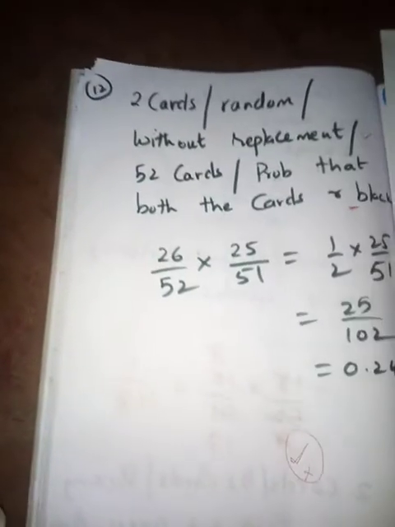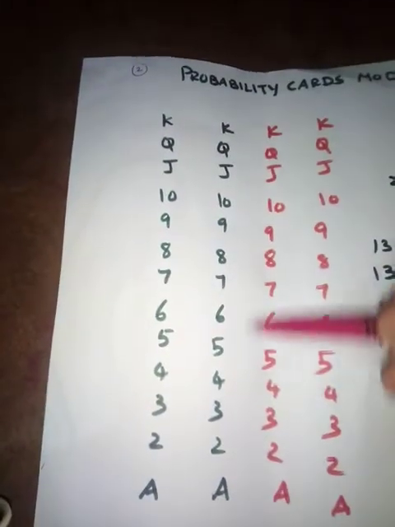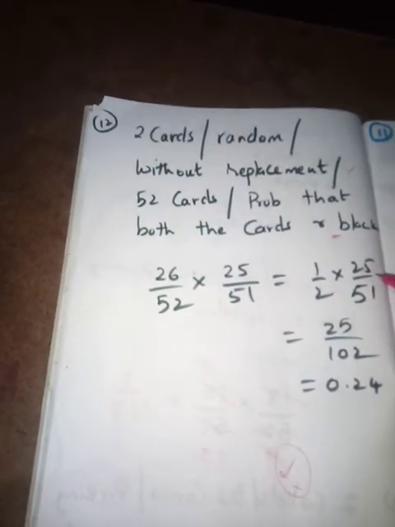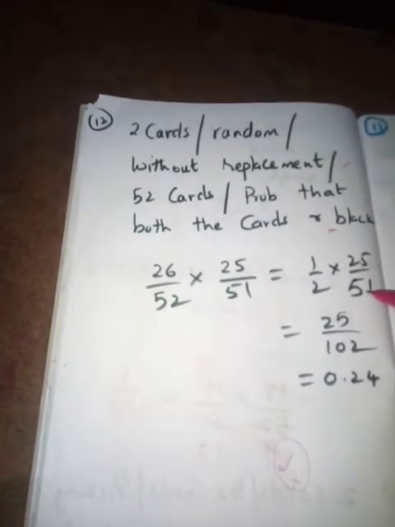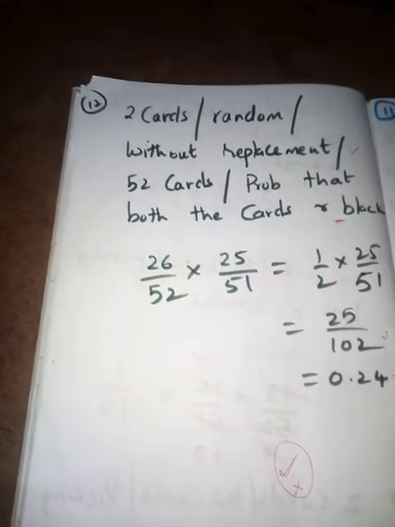So 26 black out of 52 is the first one. Once one card is removed, we have only 25 black cards, and out of 51 cards. So 26 by 52 is 1 by 2, into 25 by 51. We are not going to cancel it. So 25 by 51 into 2 is 25 by 102, which is about 0.24, less than 1. That is the probability.